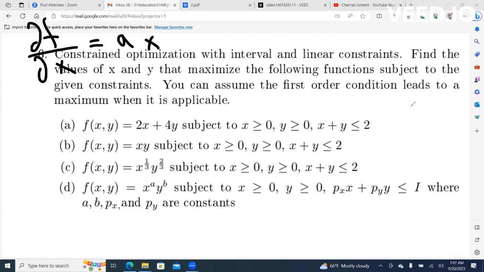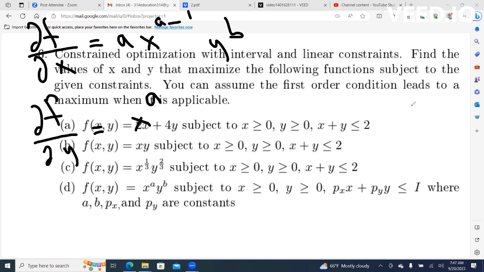Yeah, a x to the a minus 1, y to the b. The partial of f with respect to y is x to the a, which is held constant, and it's b, y to the b minus 1.